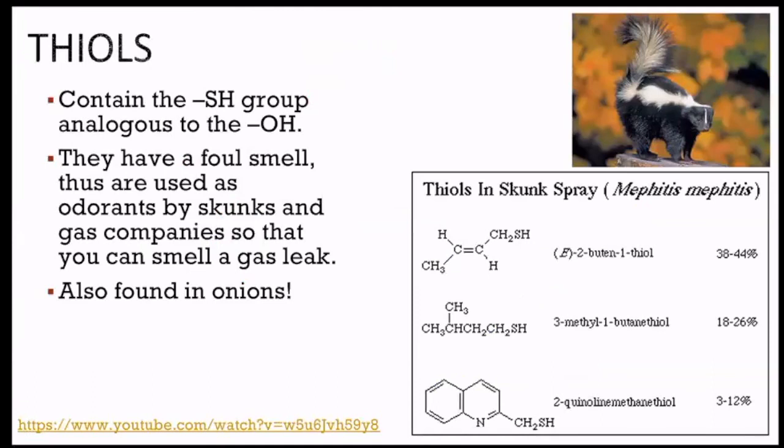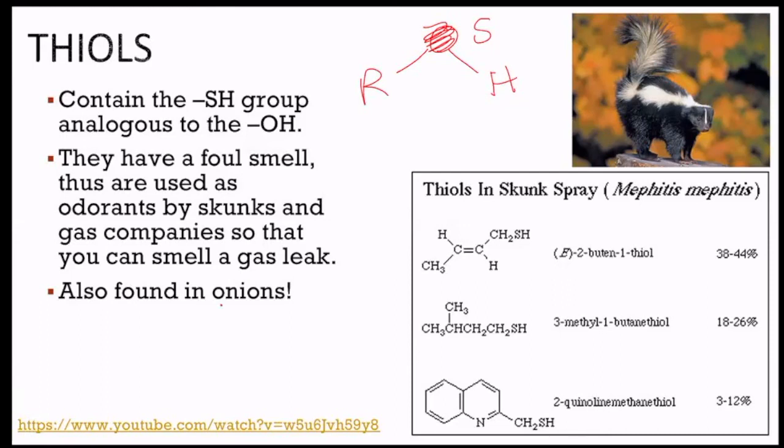Thiols, really simple. If this is an alcohol, all right, a thiol, if you look on the periodic table, right below the O is an S. It's like you've replaced the O in the alcohol with an S. These are really, really stinky, and they're what's added to methane to make it smell so we don't explode.